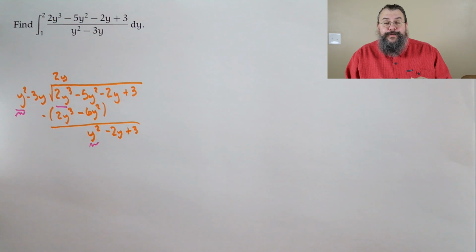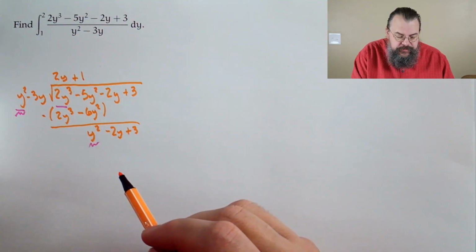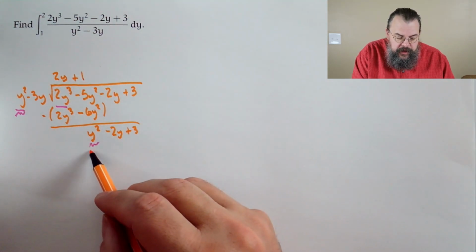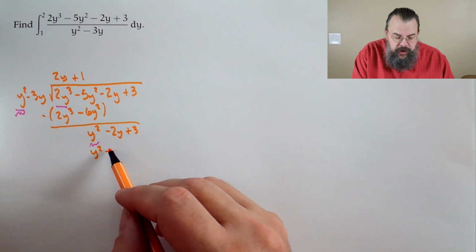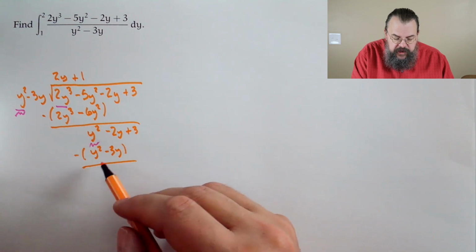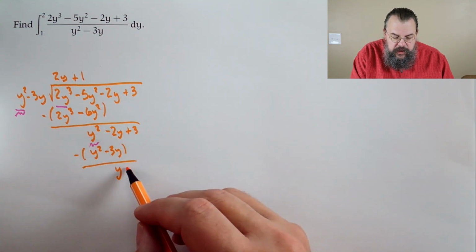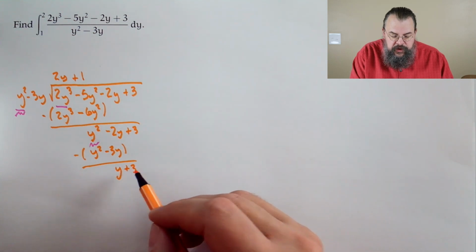What do I need to multiply y squared by to get to y squared? Well, 1. That's not so bad. So I'll put a plus 1. Again, multiply y squared minus 3y, subtract. The y squareds cancel. Minus 2y minus 3y makes y, and then there's a plus 3.